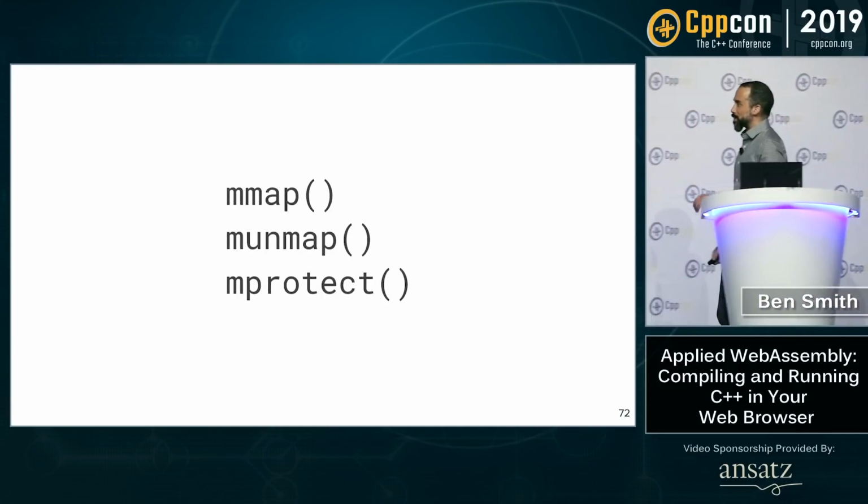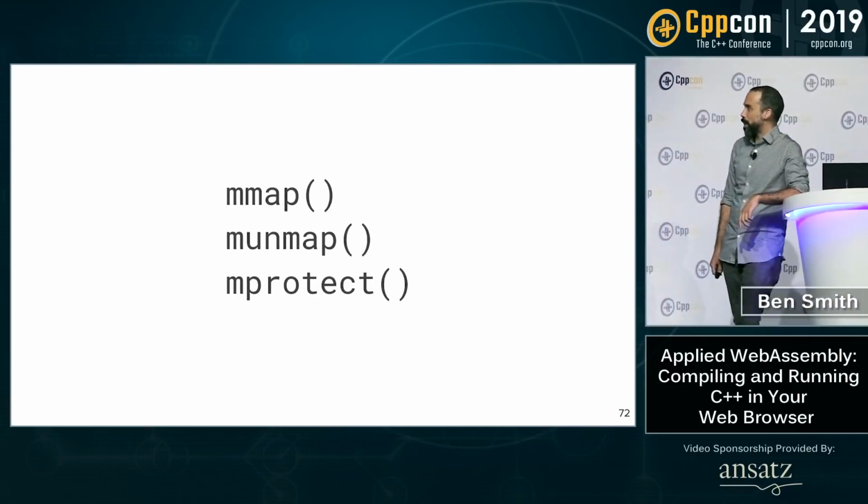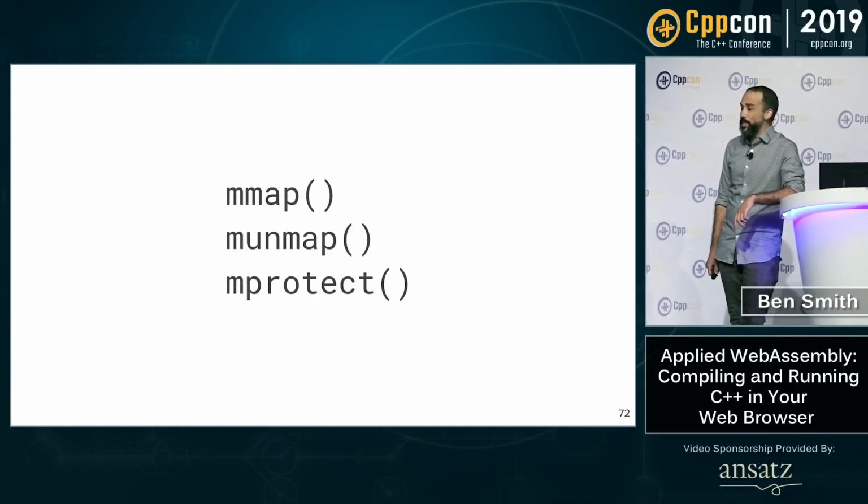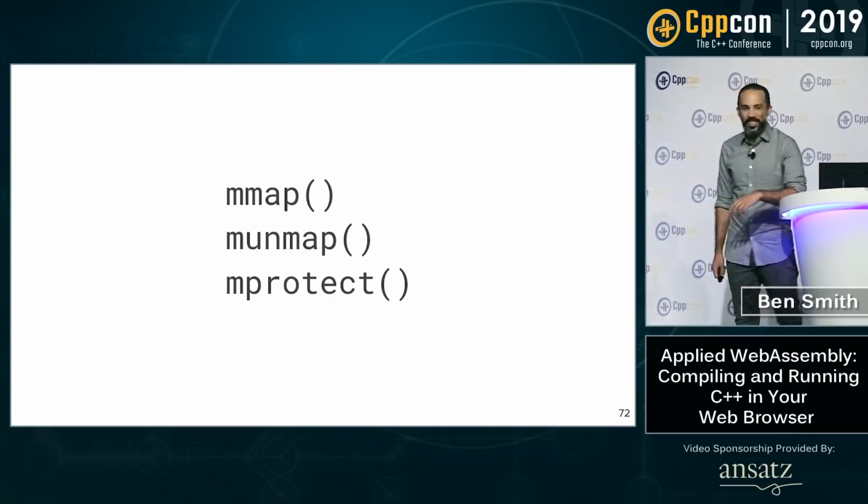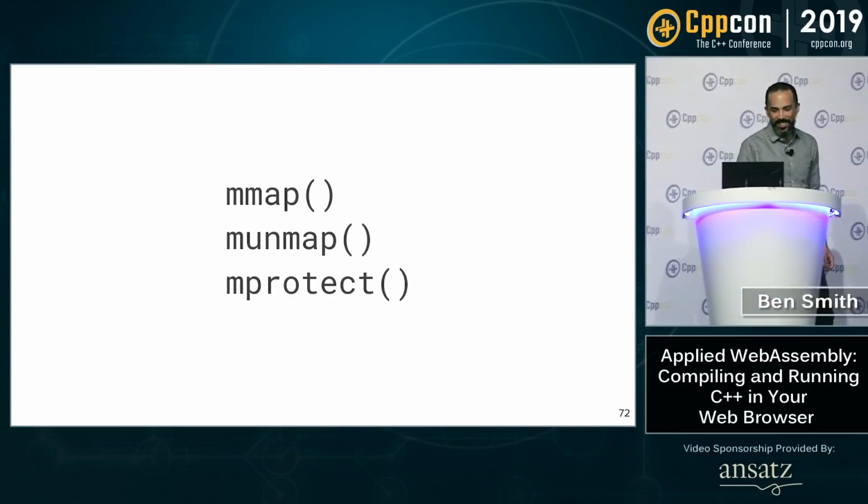Similarly, WebAssembly doesn't have mmap, munmap, and mprotect. We definitely want to support these, but WebAssembly is still very early. It turns out that in my case, I knew that I didn't really need the advanced features of mmap, so I could turn this into malloc and free, and that was basically enough to do what I needed to do.